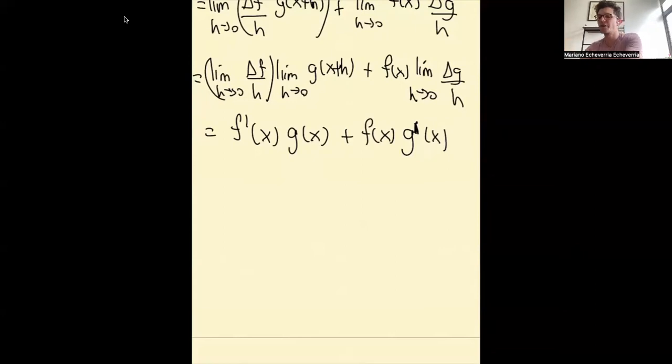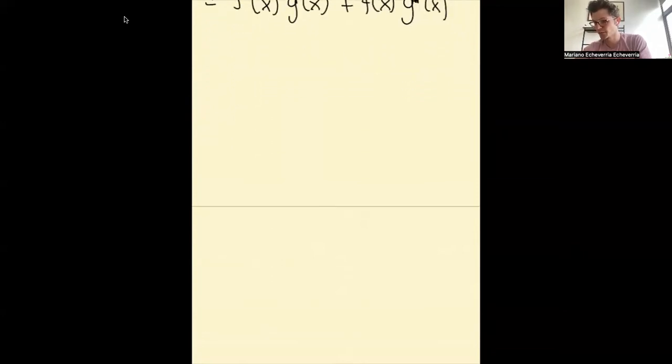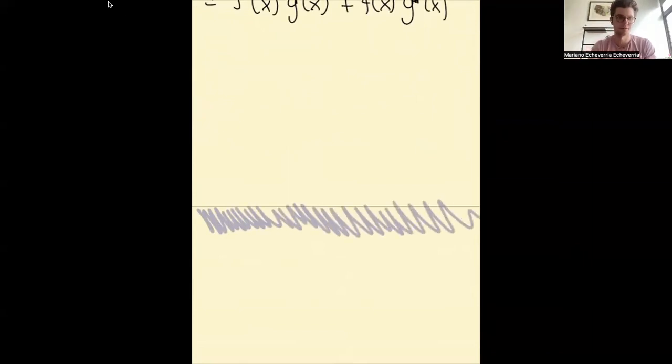The idea for today was just to continue talking about more rules for finding the derivative. So let me see, this would be lecture 9, I think. Let me double check.